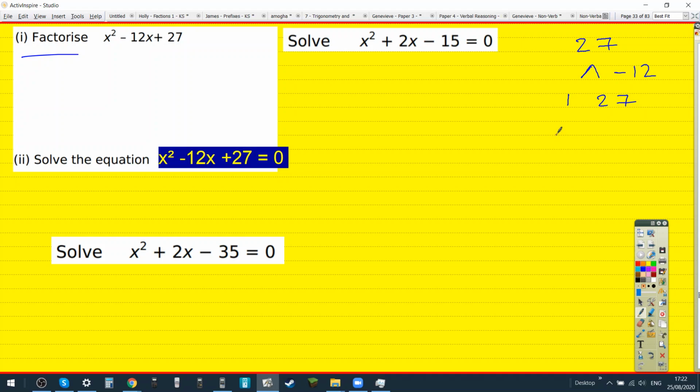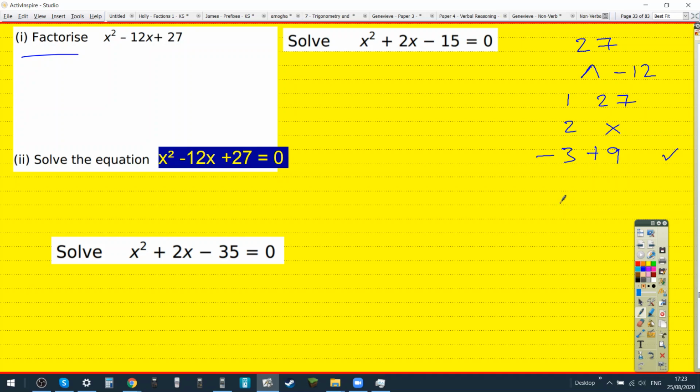Two, and then 3. 3 and 9. Yeah, 3 and 9. Okay. And so now you can figure out the minuses. The minus should be on 9. Oh no, on 3. Like that?